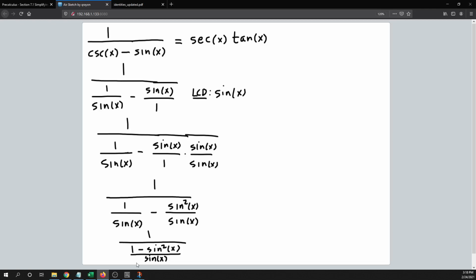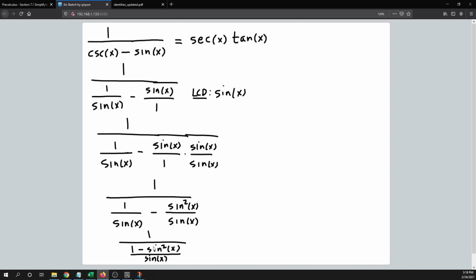Okay, so we combined the fractions in the bottom to be one big fraction. And the reason why we did that is so now we can simplify this complex fraction. Here I have the number 1 being divided by this fraction. The way that you divide fractions is you invert the bottom one, take the reciprocal and change it to multiplication.